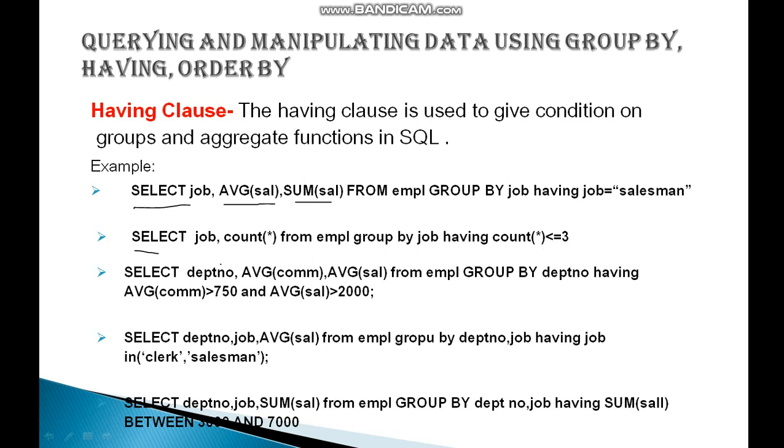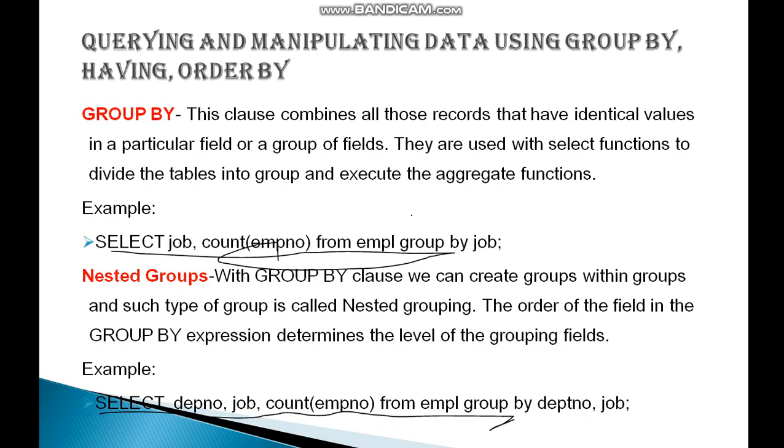So they want to find, for a particular job, how many employees are there, means what is the total number of employees for each and every job. But they want to display only the jobs whose total employees is either equal to 3 or less than 3. Okay, so let us see here.